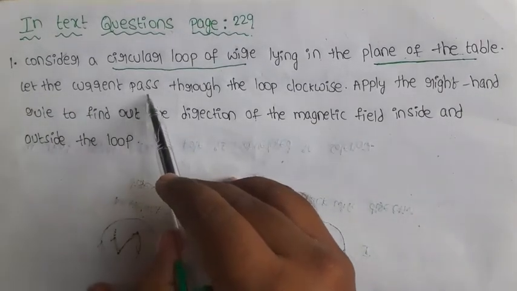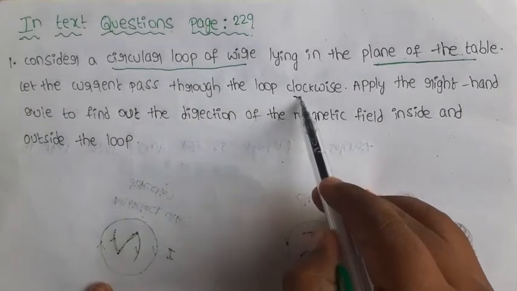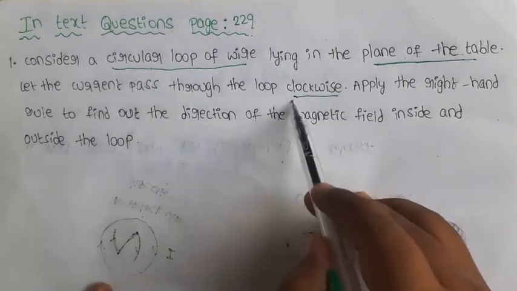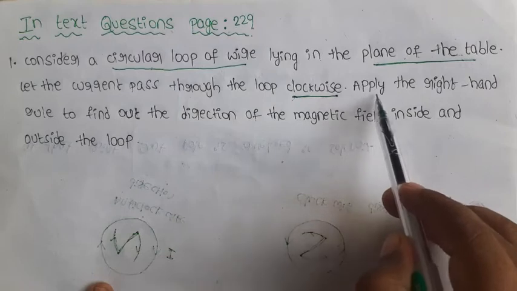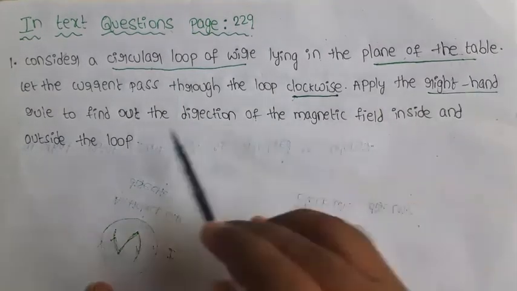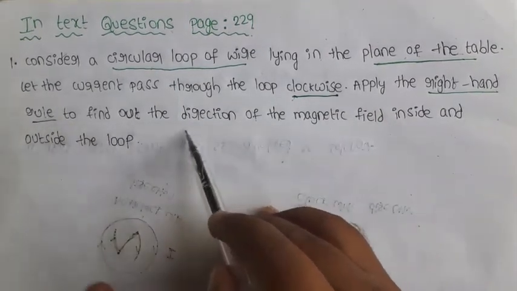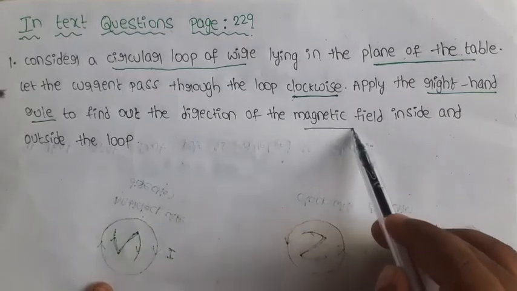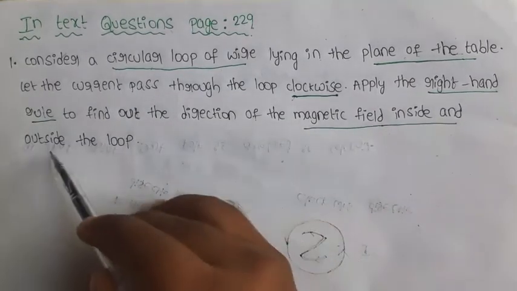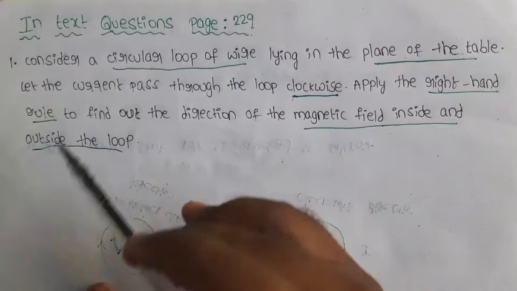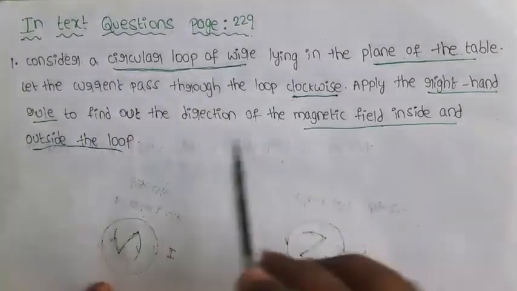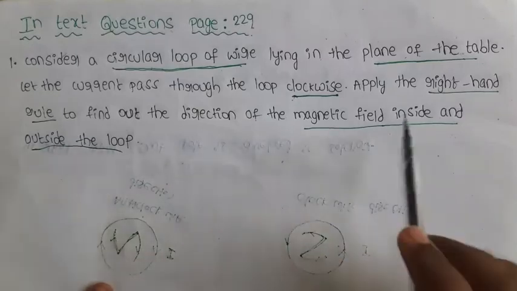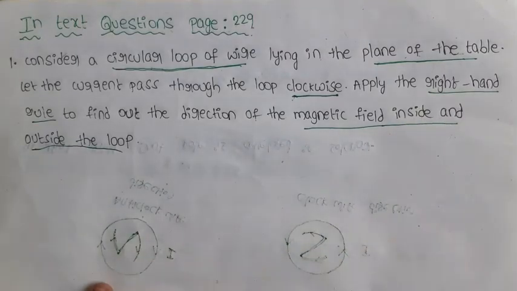Let the current pass through the loop clockwise. Apply the right hand rule to find the direction of the magnetic field inside and outside of the loop. We are going to find what the direction of the magnetic field is inside and outside of the loop.